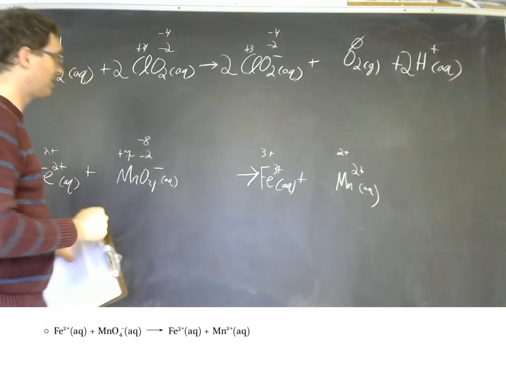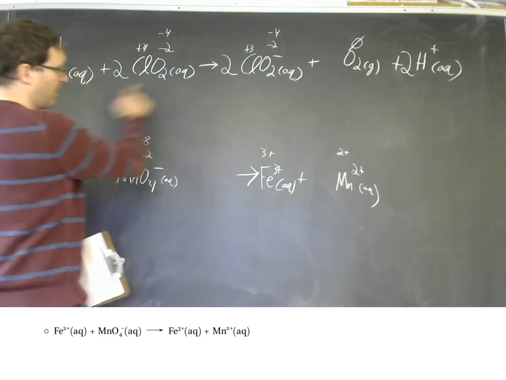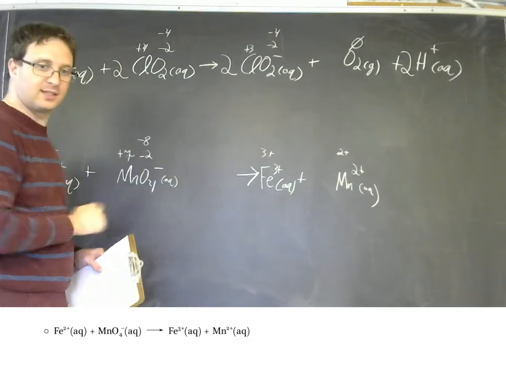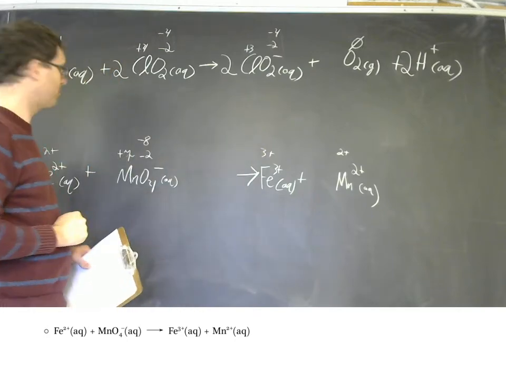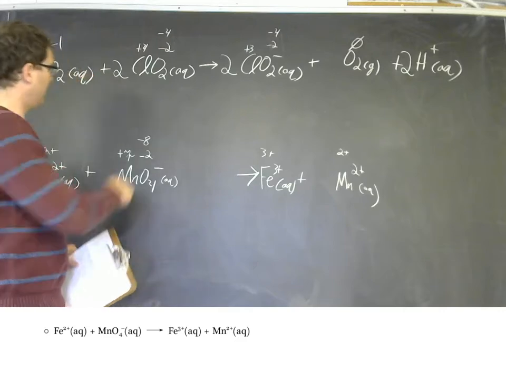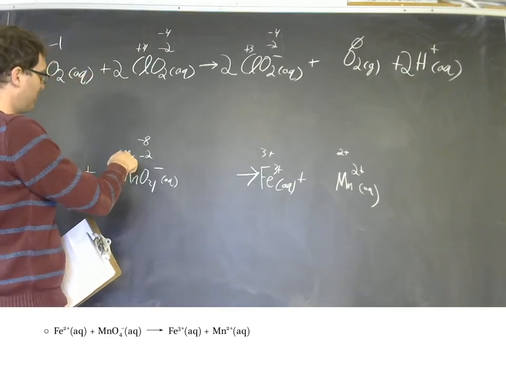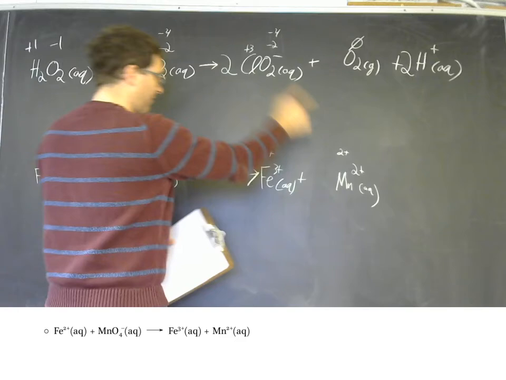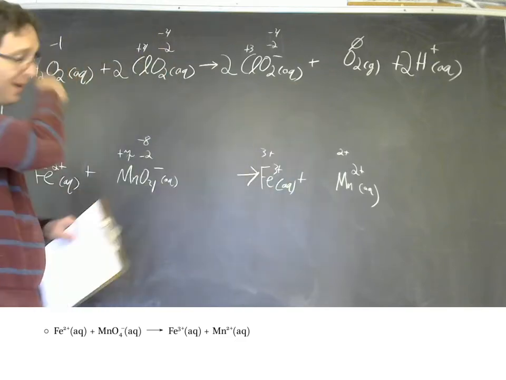And we can see that the iron has been oxidized. It's lost 1 electron going from 2+ to 3+. The manganese has been reduced from +7 to +2. That means it has gained 5 electrons.